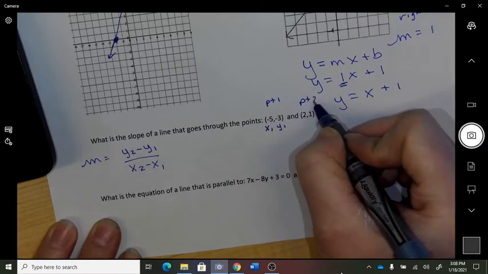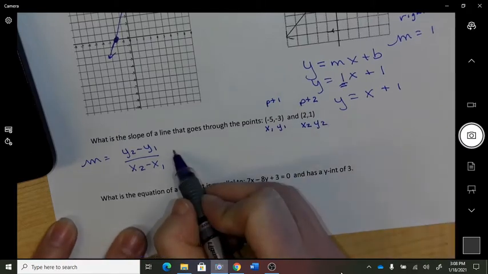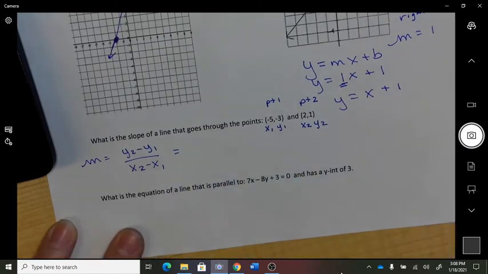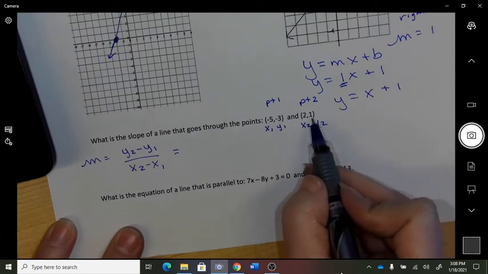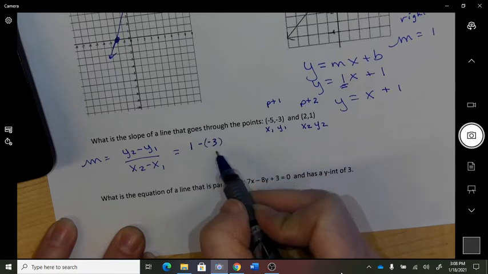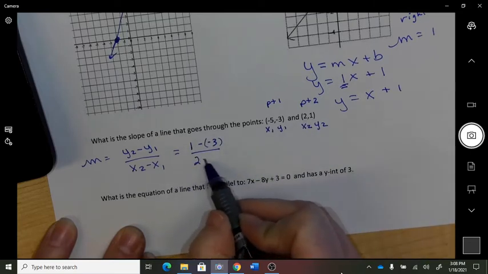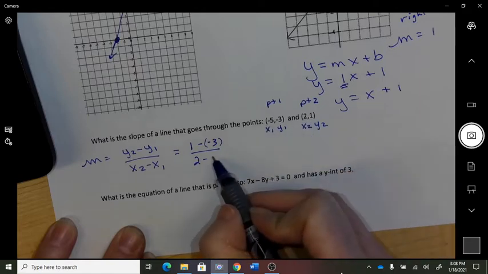And if I call this my second point, this is x2 and y2. And then it's all a matter of filling it in. So I'm going to go 1, subtract a -3, 2, subtract a -5.